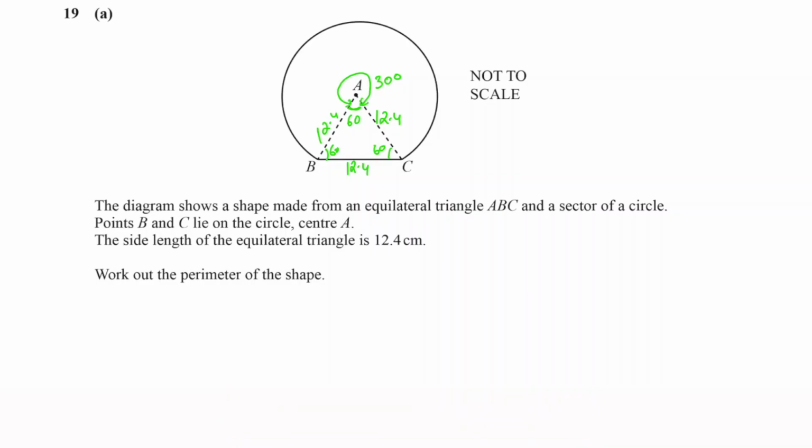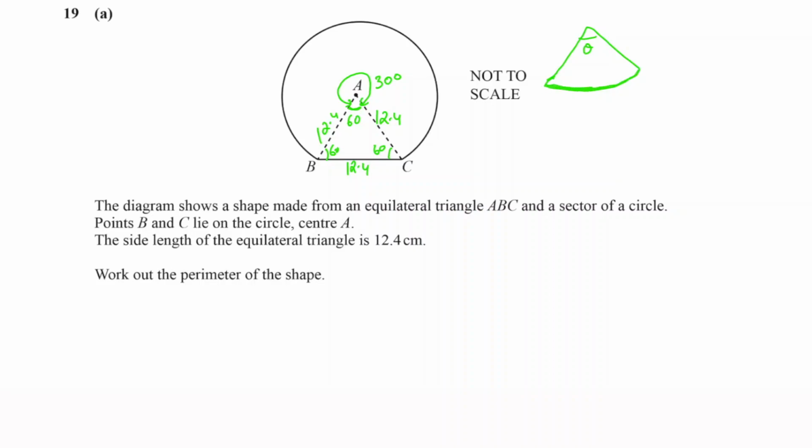So now we have to find the perimeter. Perimeter means the whole boundary length, including this 12.4. You know the sector formula, right? This is a sector, and if the theta angle is given, we can find the arc length.